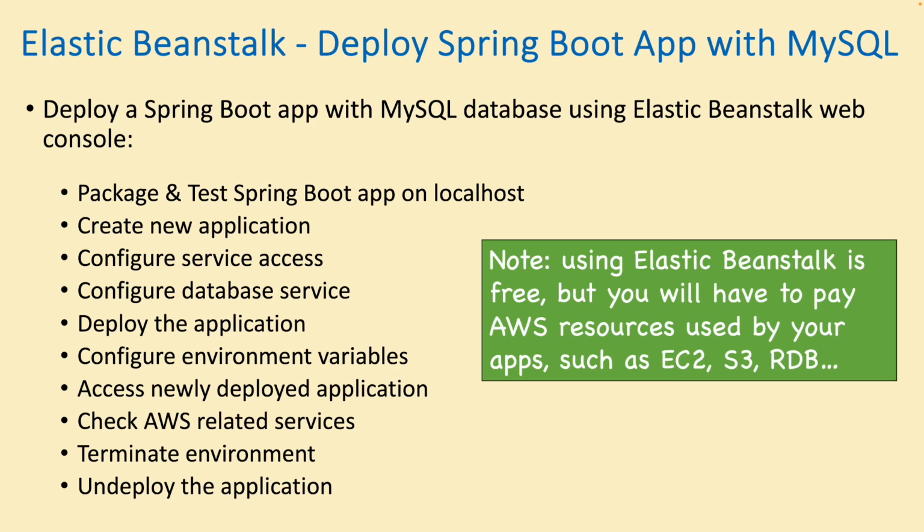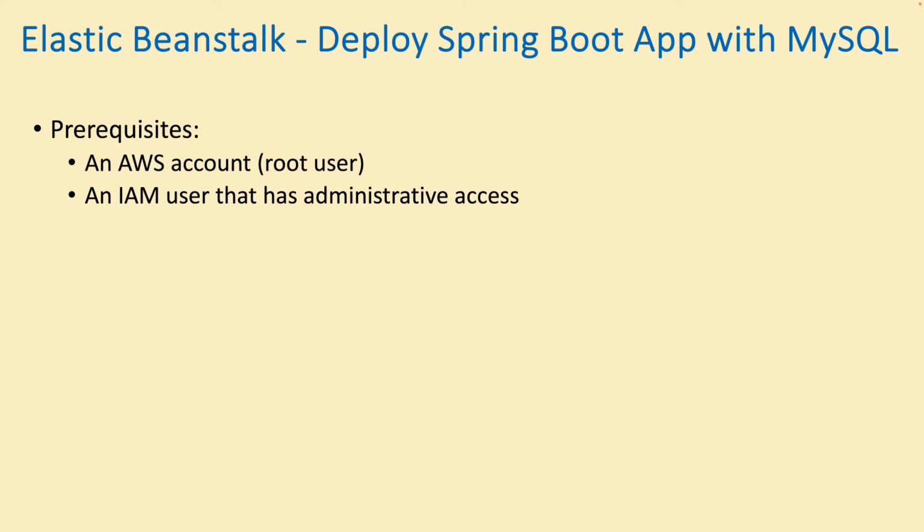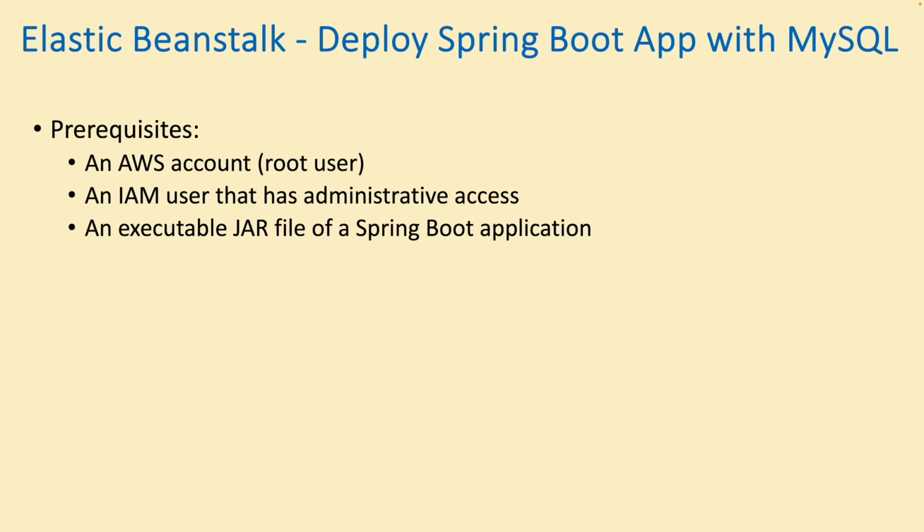Note that using Elastic Beanstalk is free, but you will have to pay for AWS resources that are used by your applications, such as EC2, S3, RDS. And to follow this video, you must have an AWS account that is the root user and an IAM user that has administrative access, and an executable jar file, the deployment artifact of the Spring Boot application which you want to deploy on AWS using Elastic Beanstalk.